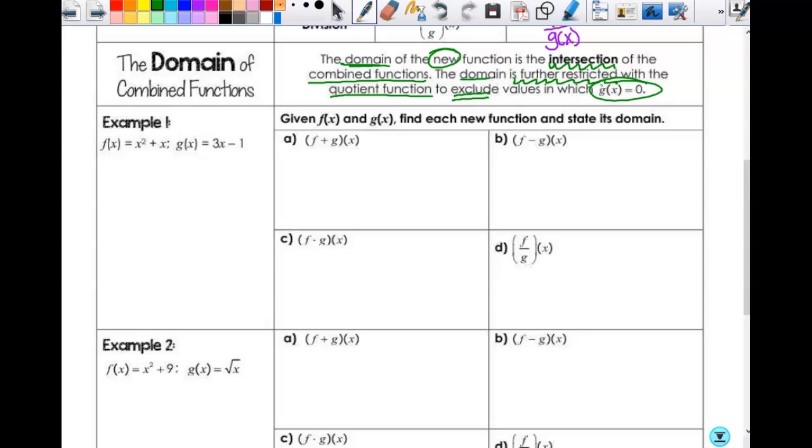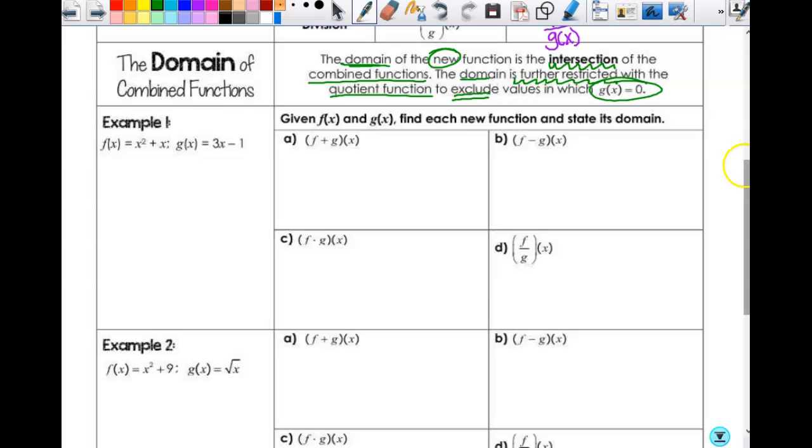On these notes in particular, g of x is in the denominator every single time. What it really should say is whichever function that you're dividing by. So don't just assume every g of x ever is the one that you restrict it by. It's whatever the function is that you're dividing by. In this case, it's all g of x. On the assignment, it could be f of x, or on anything, it could be something different. But it's the function that's in the denominator that you're restricting it by.